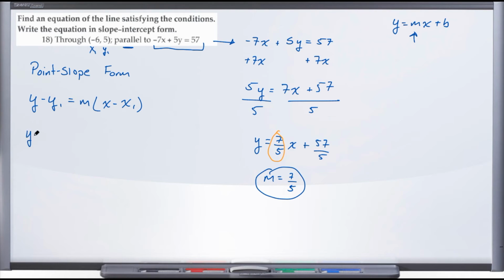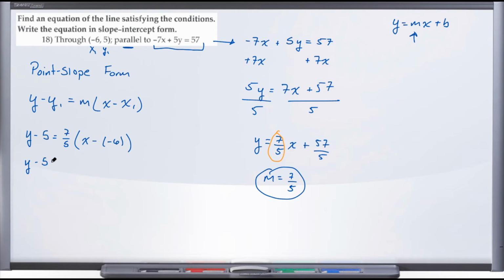We have y minus y1, well what's y1? 5, equals m, well what's our m? We just solved, and we have 7/5 times the quantity x minus x1, well what's x1? Negative 6.